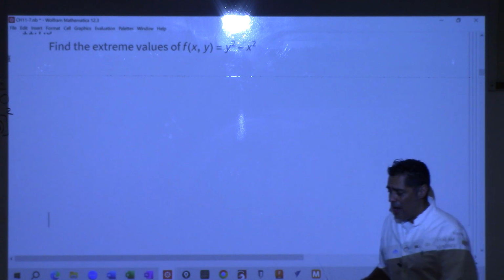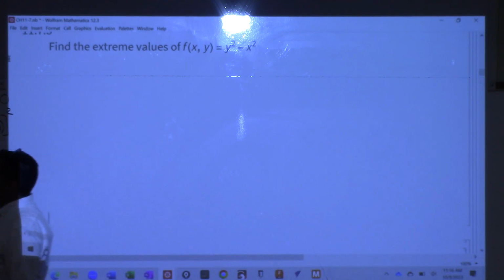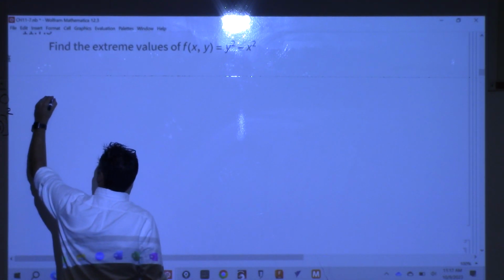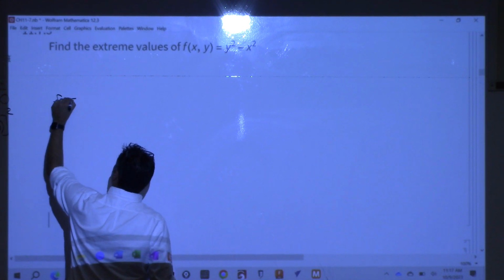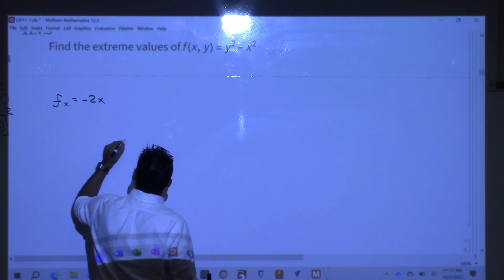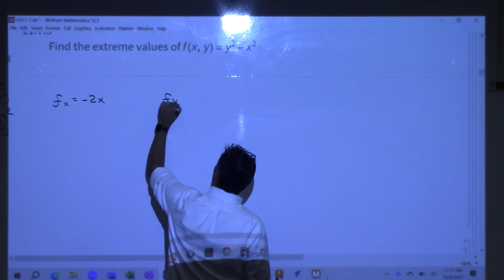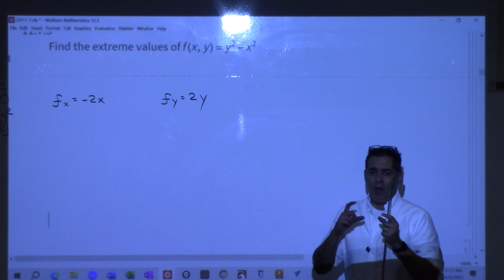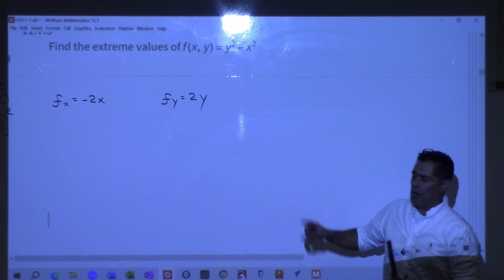So my first job is to see if I can find any points that make my derivatives 0. I need the derivative with respect to x to be 0 and the derivative with respect to y to be 0. So first let me take some partials. What is the partial with respect to x? Negative 2x. What's the partial with respect to y? 2y. Now I need to figure out a point that makes both of those equal to 0.